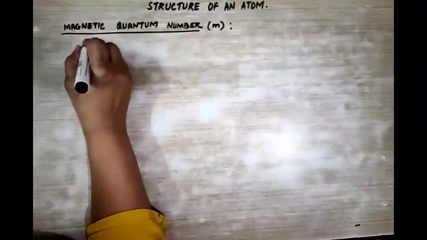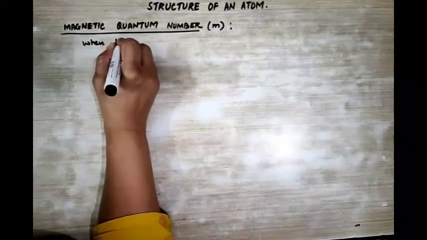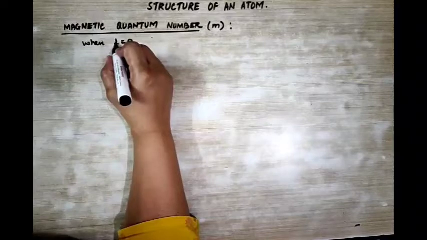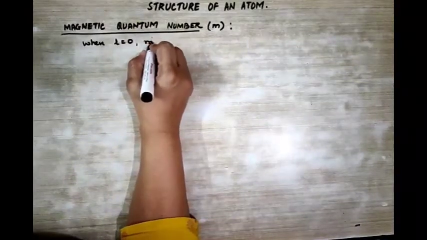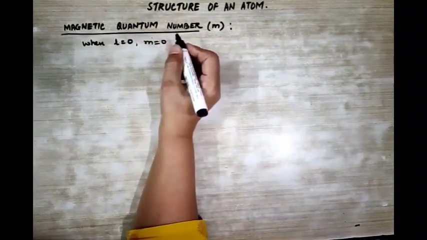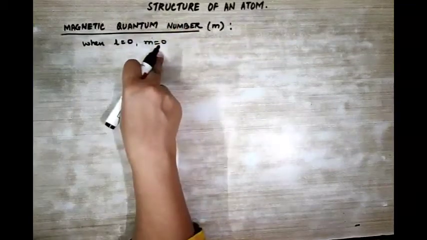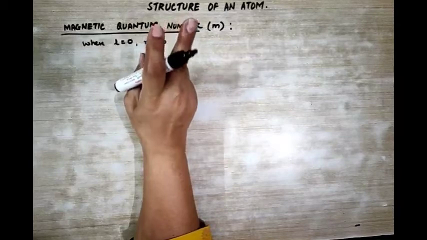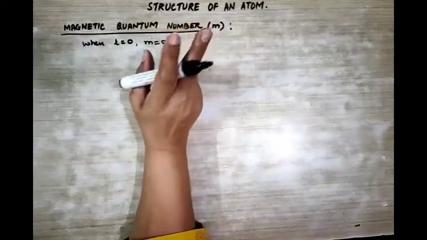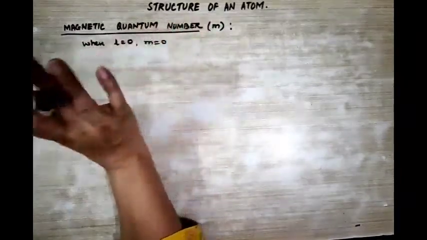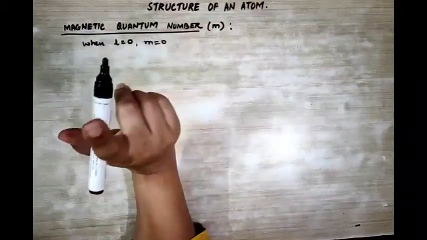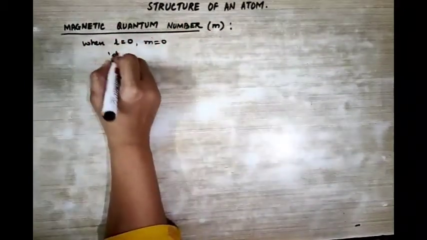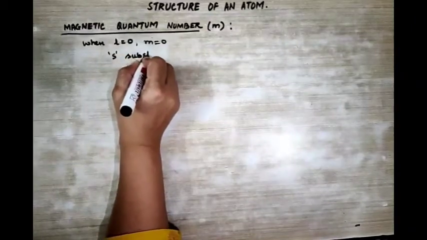Now understand, when L is equal to 0. So what did I say? If your azimuthal quantum number is 0, then your magnetic quantum number is also 0. That means it has one value, that means it has just one orientation. That implies that the S subshell of any energy shell has one space orientation. Did you get that?